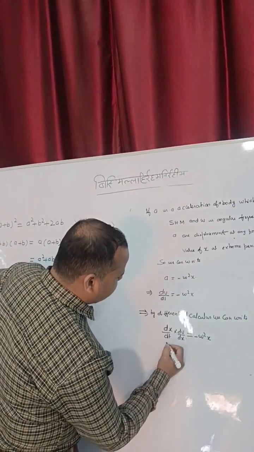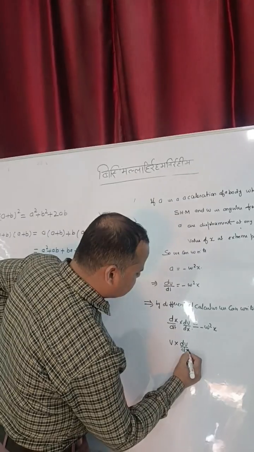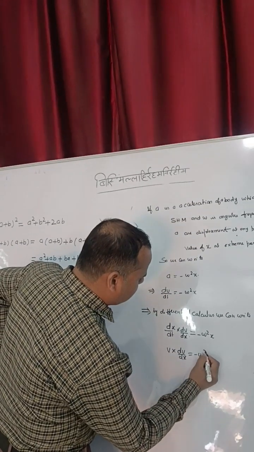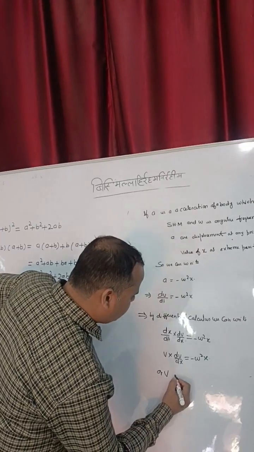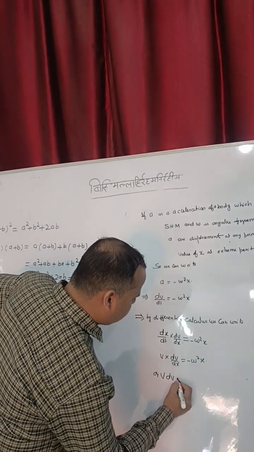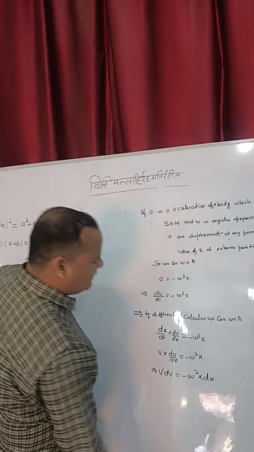So v into dv over dx is equal to minus omega square x, or v dv is equal to minus omega square x dx.